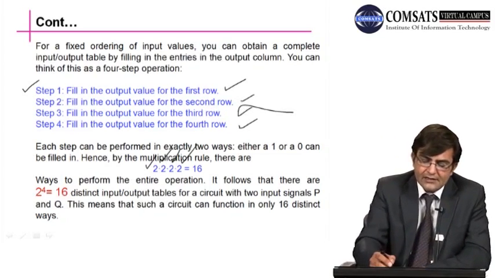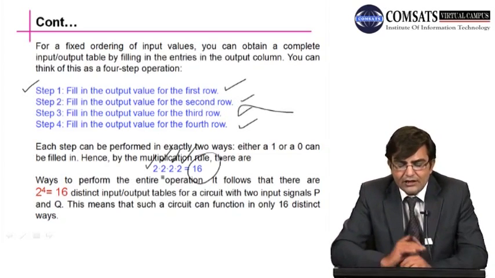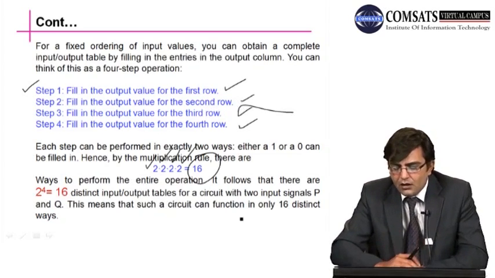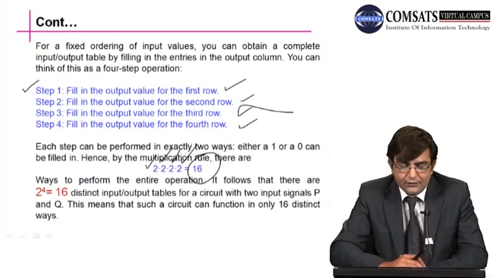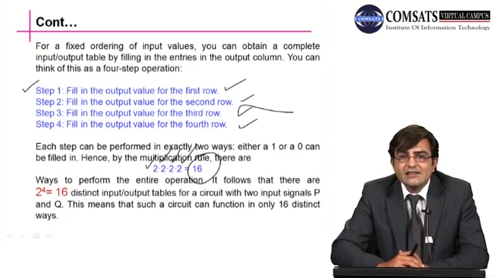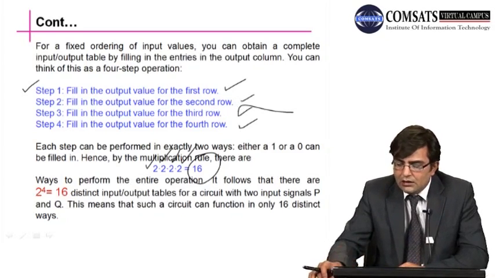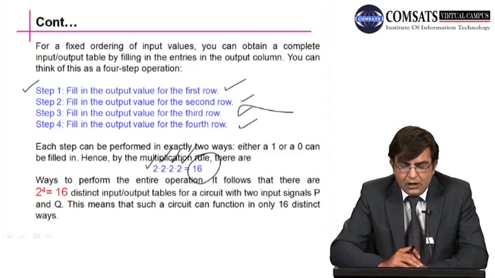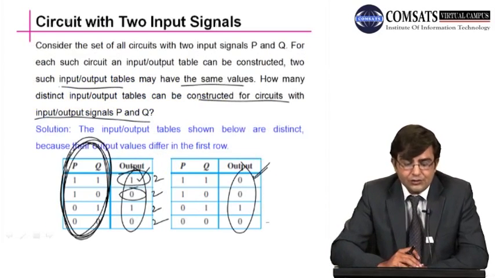So there are 2 into 2 into 2 into 2, that is 16 possibilities, and therefore we can find 16 distinct truth tables which are constructed using the input signals P and Q.